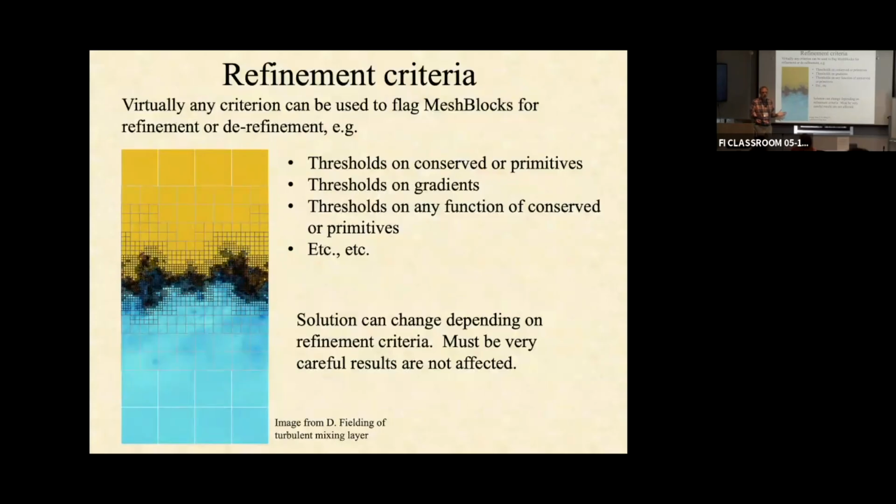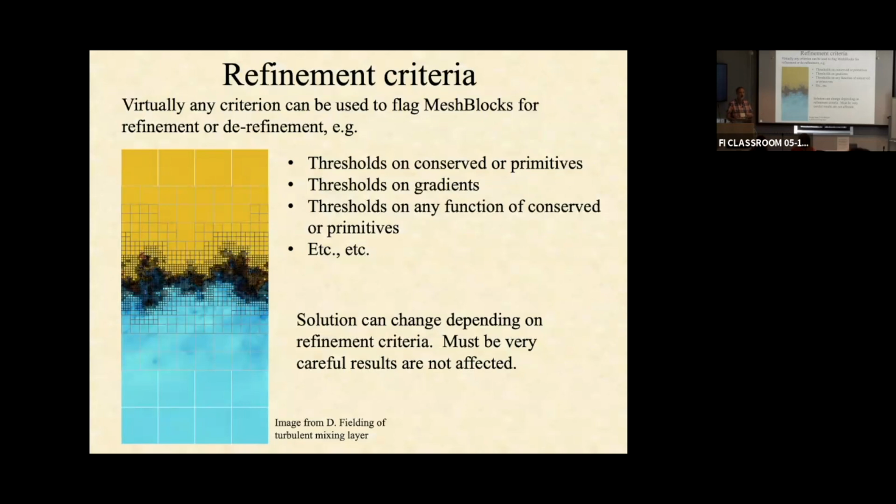The only way you know is to make sure that if you run a higher resolution simulation, the results, not the solution, because the solution will change. At higher resolution, you're effectively running a higher Reynolds number flow, and that's going to have a different solution. But the results that you're measuring better not change. Of course, sometimes you can't afford to do a higher resolution simulation. So you should at least do a half resolution simulation.